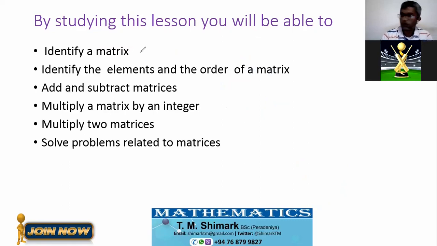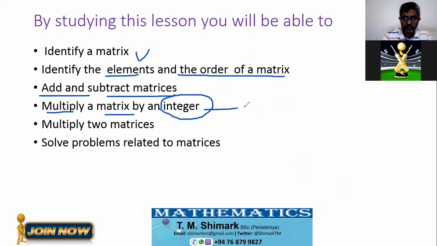So what is a matrix? We will check. Identify the elements and the order of the matrix. Then we add and subtract matrices, and multiply a matrix by an integer. Integer means whole number, positive or negative.